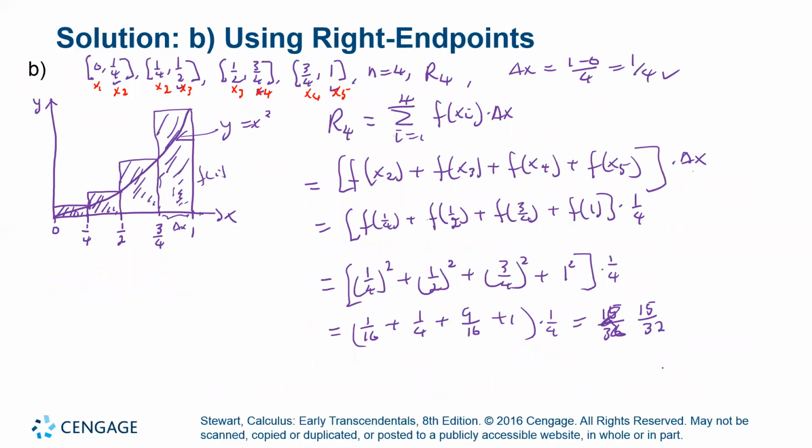This is approximately 0.468775. Now, as we can see, if f is increasing, then R n overestimates.